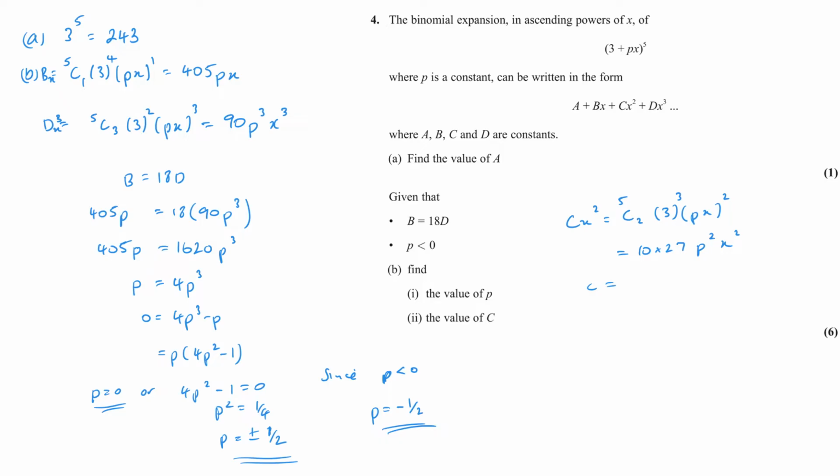Okay, so c is 270p squared. P squared is 1/4, so it's 270 over 4, or 135 over 2, and that is my value of c.